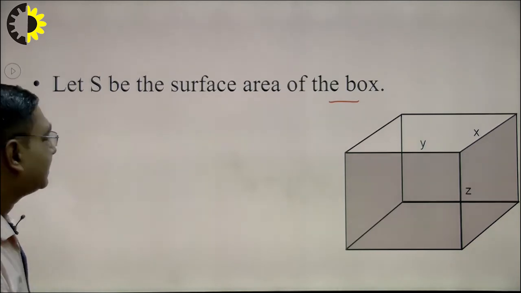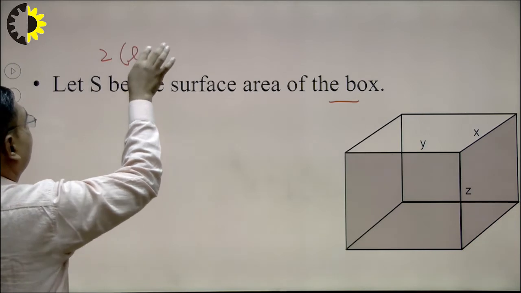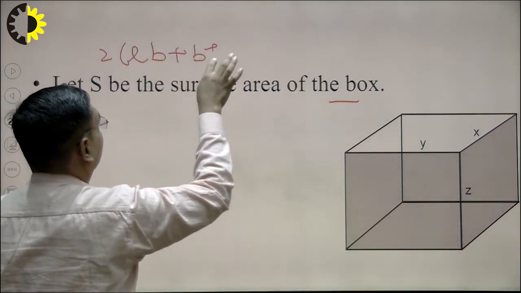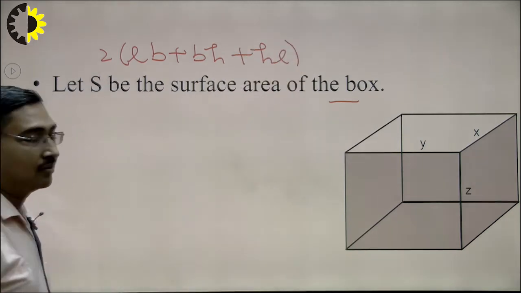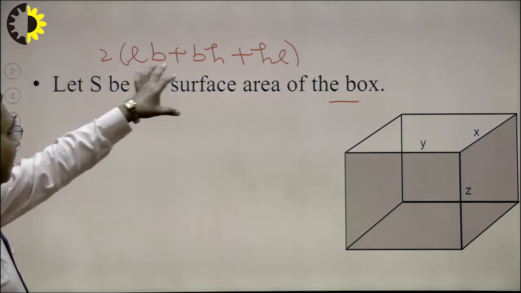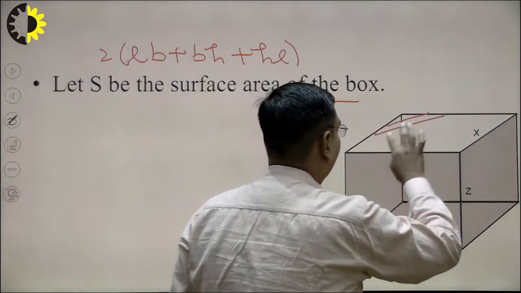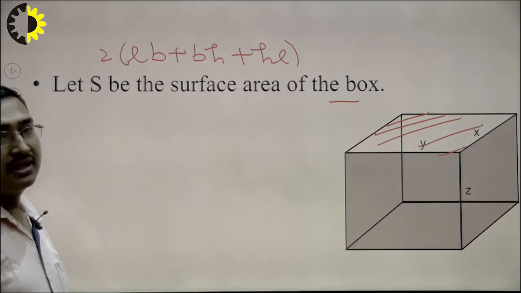Now, the surface area of a cuboid which is closed is 2 times LB plus BH plus HL. When I am working with an open box, then the area of the top is to be subtracted from this formula.